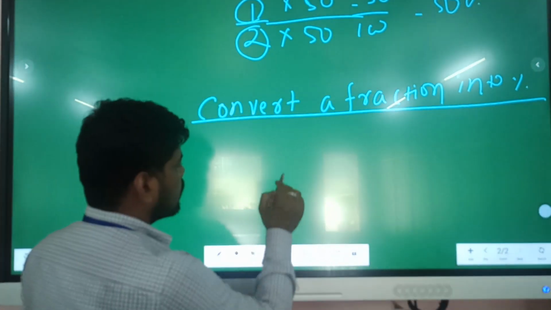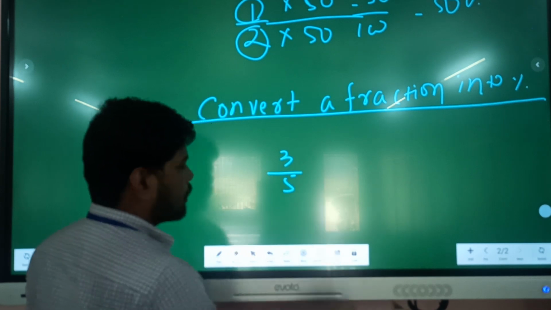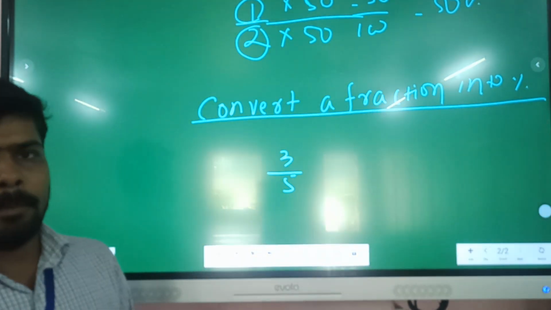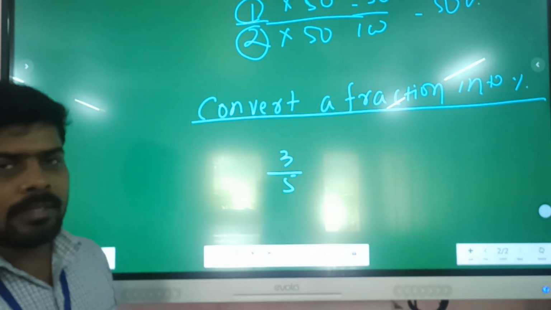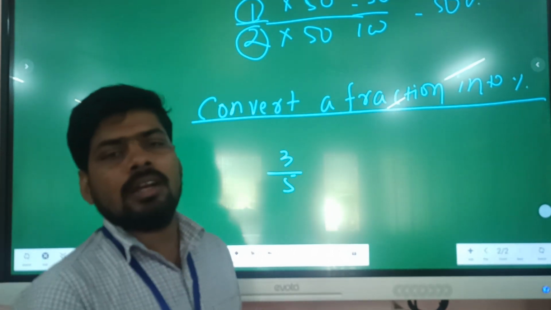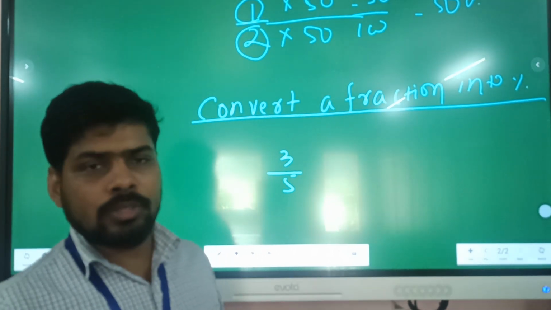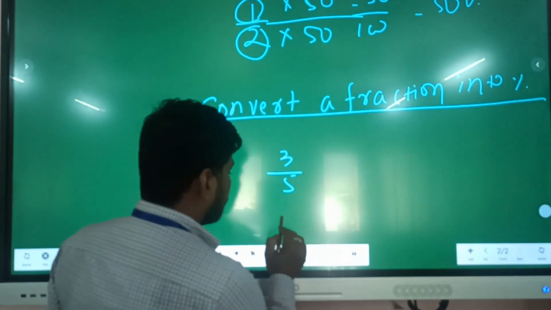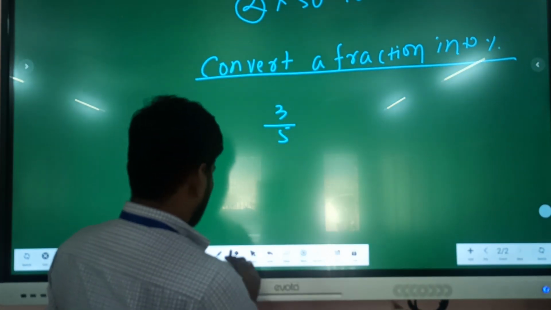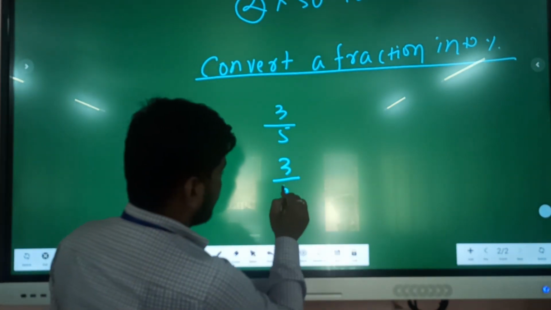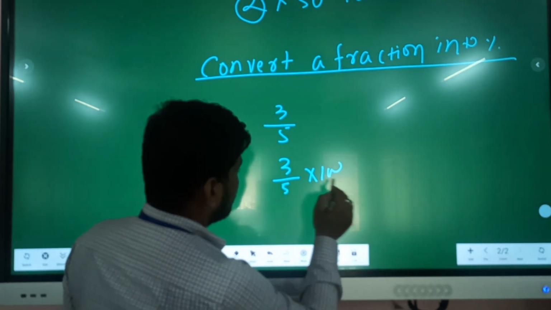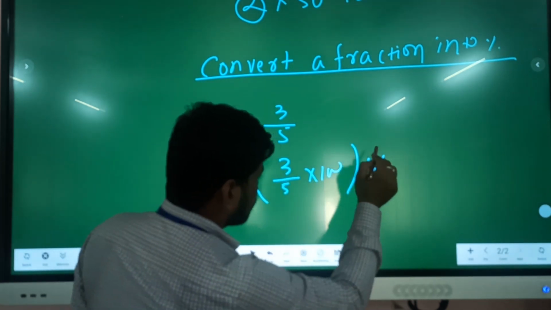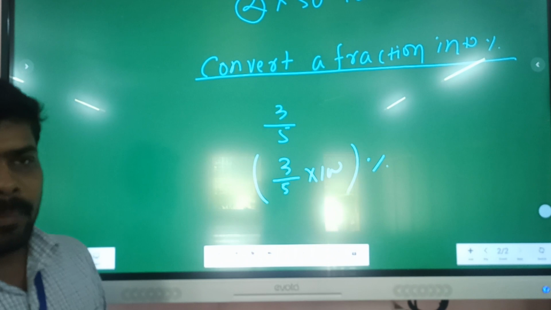Suppose a fraction is 3 upon 5 and I have to convert it into percentage. How should I do it? I should multiply by 100 with it and put a percentage sign along with it.